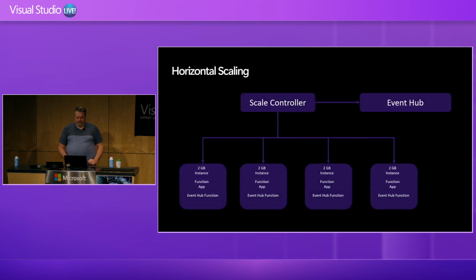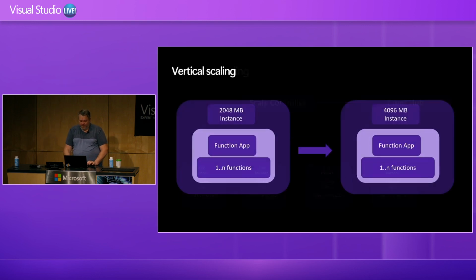But then, of course, more importantly, I think, is horizontal scale. The vertical scale is good if you have one execution at least, or at any given time with concurrent executions, you will need more memory than the instance you were in before provides. So this is still good.